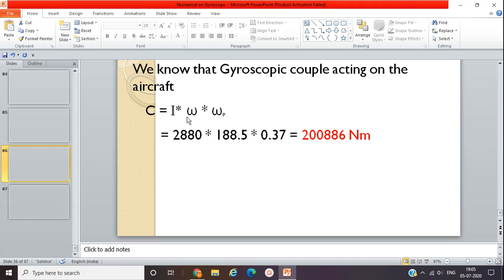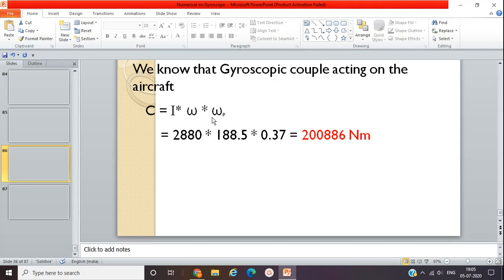From the rpm about the axis of spin, we are able to calculate the angular velocity for the axis of spin, that is the value of omega, and the angular velocity of precession can be calculated for the ship and aeroplane with the help of omega p equal to v by r, where v will be given to us in kilometer per hour. We are going to convert that kilometer per hour into meter per second, because all other values will be in terms of meter and radian per second.